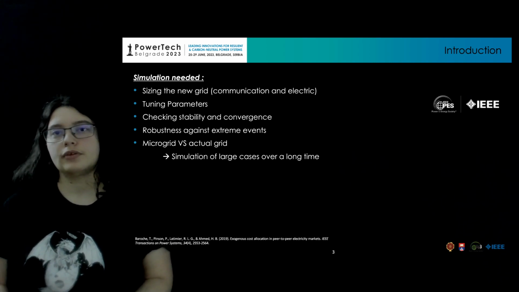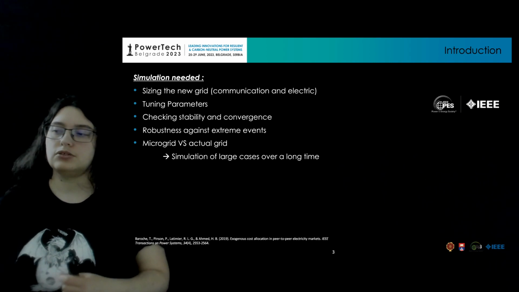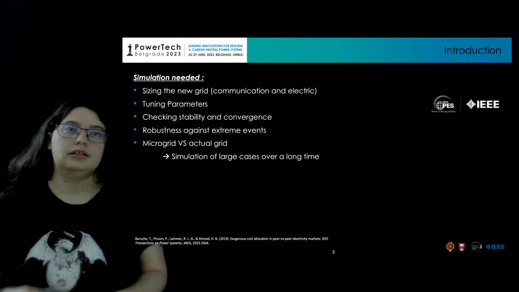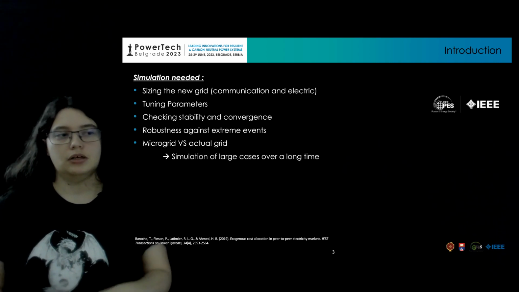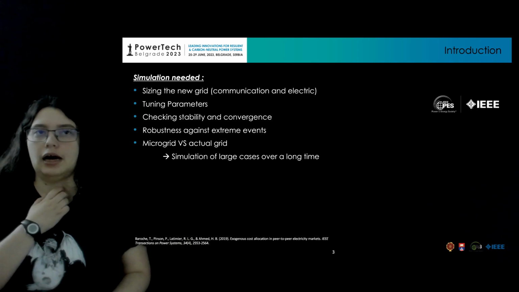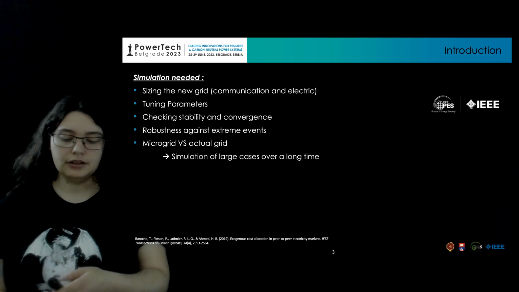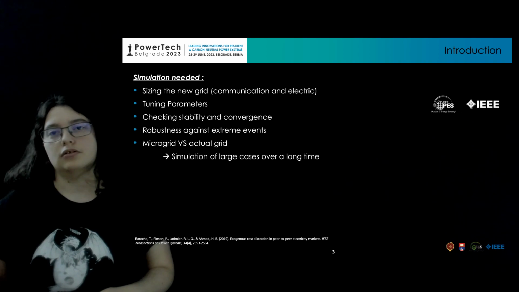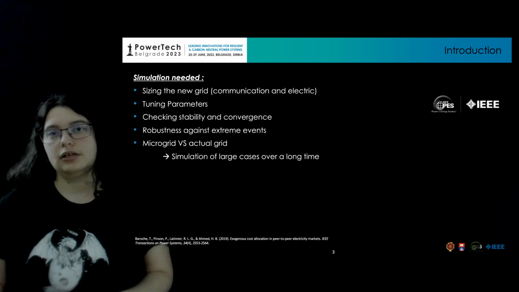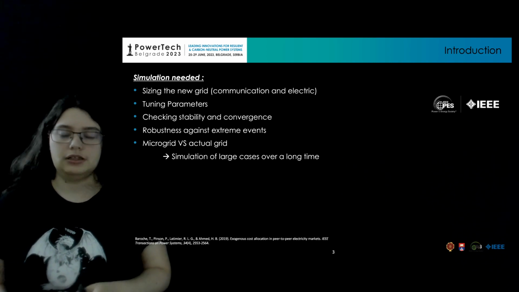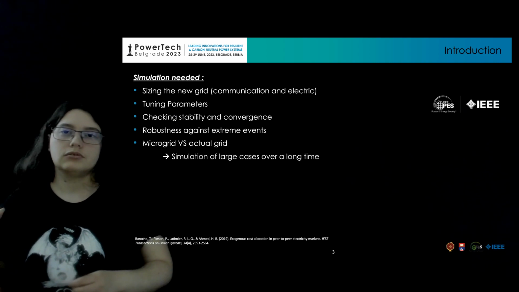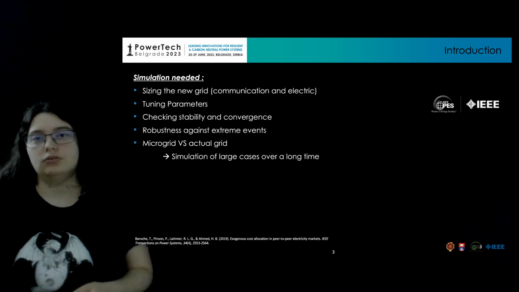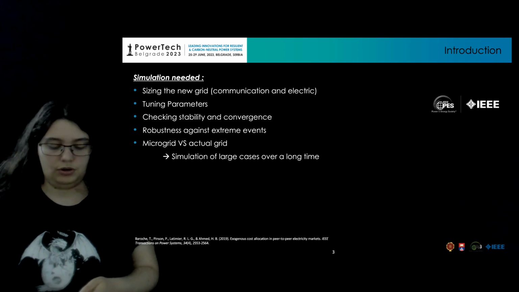We also need to compute over a long period of time to check robustness against extreme events, for example tempests or high consumption. A microgrid is not the same as the actual grid, because the size is really not the same, and to know what will happen in the real grid, we need to simulate large cases over a long time.